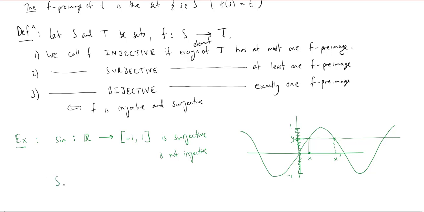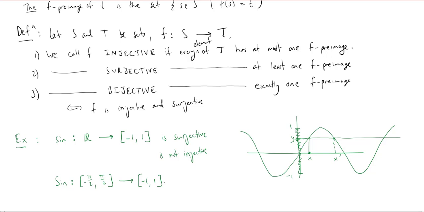So something you might do, and here I'll use a capital S just so you can see a different name for the function. What if instead of taking all real number inputs, I restricted my domain to just being between -π/2 and π/2? So it's the same rule as a function, but I restrict the domain.